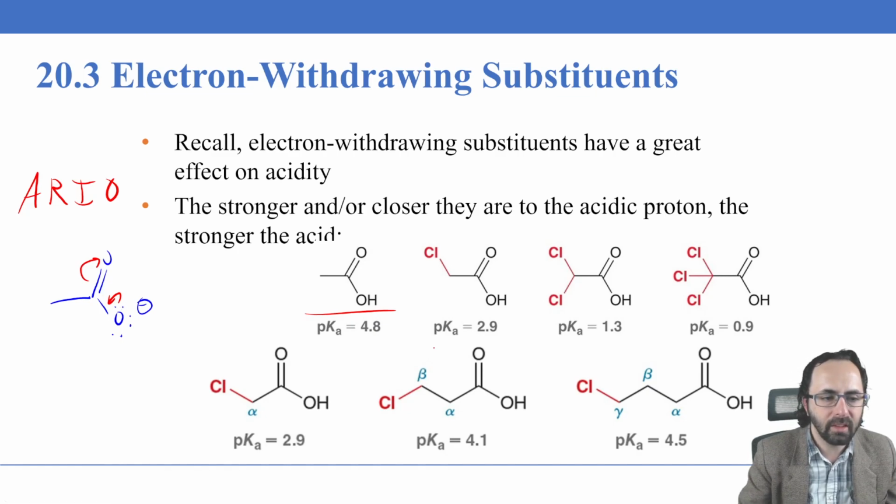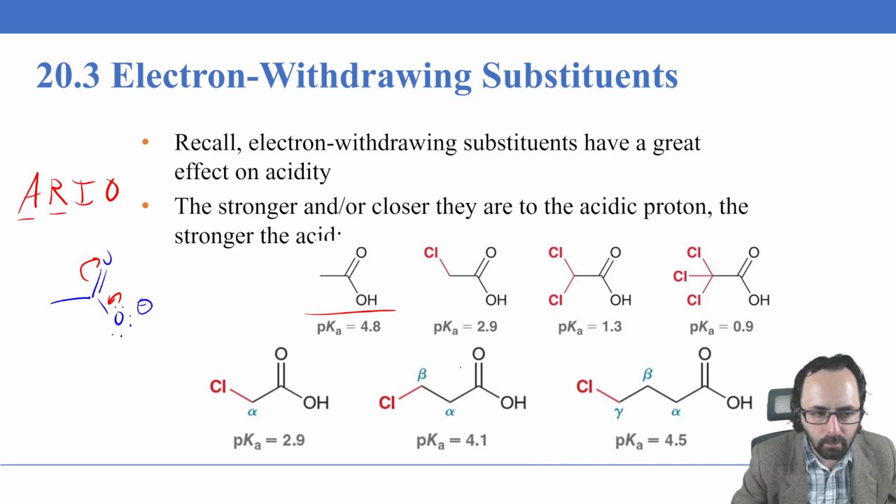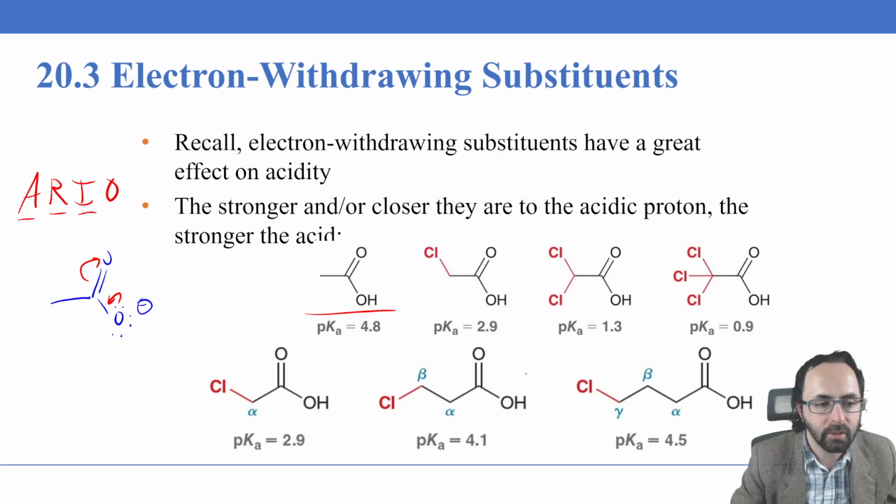And so we see that the atom is oxygen, which is better than carbon for stabilizing a negative charge. The resonance here exists, but if we add induction, we can further increase the stability of the conjugate base, thus further increasing the acidity of the acid.